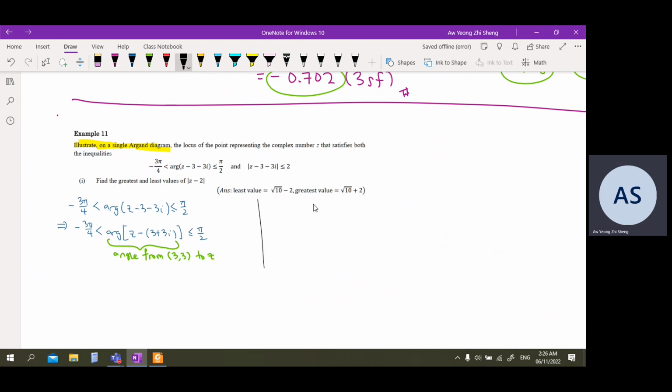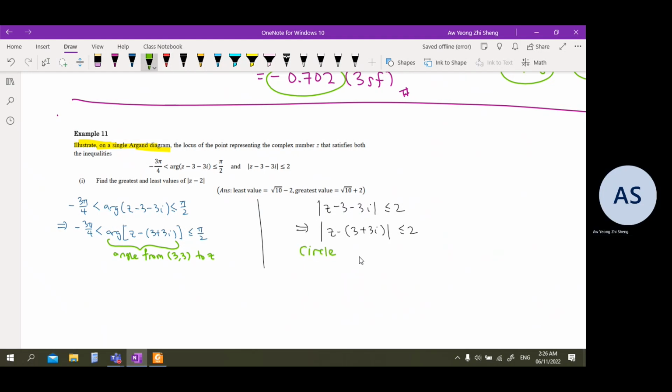Then what about the other inequality there? You again factor out a negative. Okay, so this is a circle. So again, this description you don't really have to write out because they don't ask for a description.